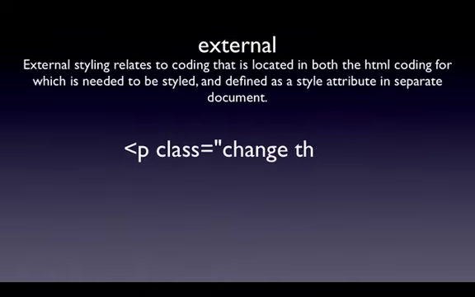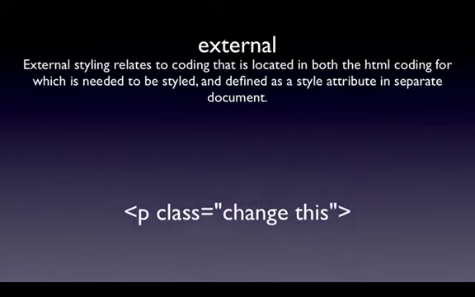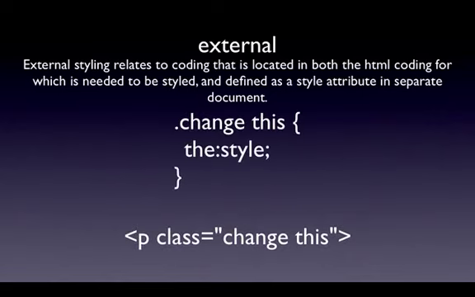Right, the next one is external style sheet. This is where you have some coding exactly the same as you would have in the internal, but the difference being that the actual attributes and style terminology, which is the upper part, is situated in an external document. It's actually a different file, and therefore it's called linking.